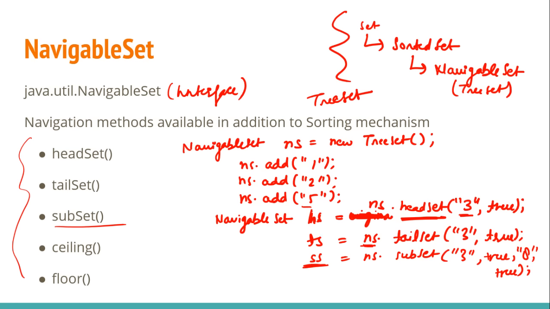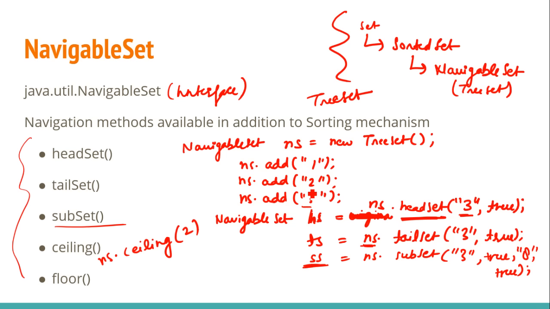Now moving on to the next two, ceiling and floor. The ceiling method returns the least element in the set that is greater than or equal to the element passed as parameter. So if you say ns.ceiling(2), ceiling will give you the least element that is greater than or equal to the element passed.